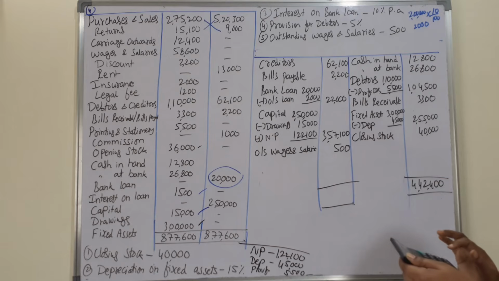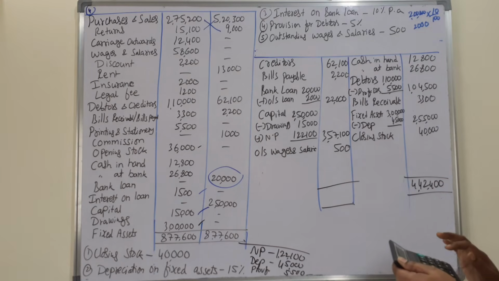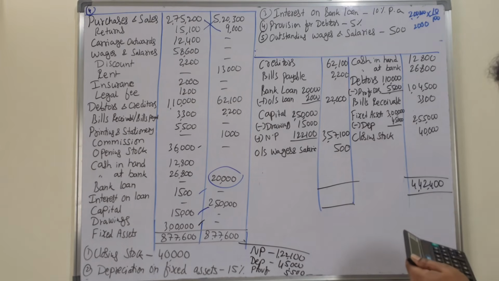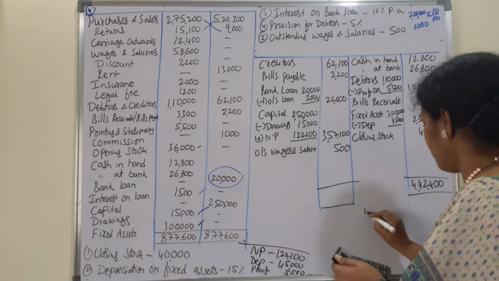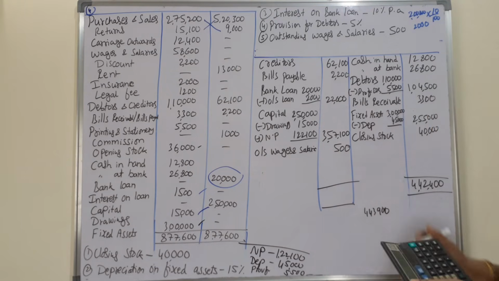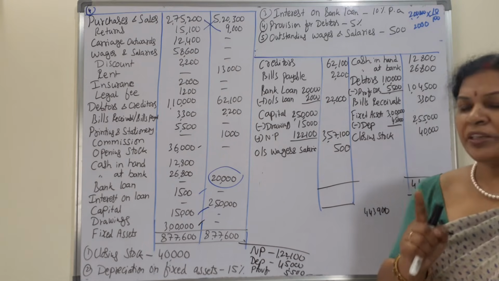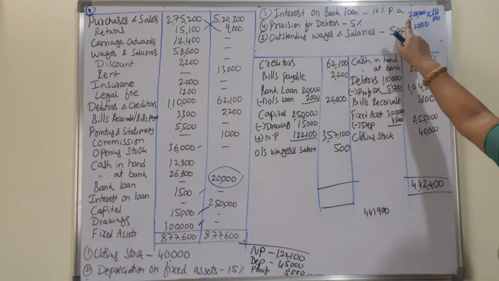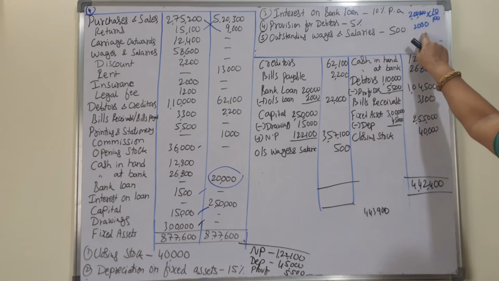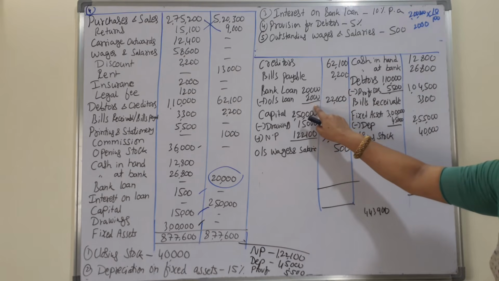That is 4,43,900. We made a mistake. That is here, 2,000, it is bank interest. So we have taken bank interest outstanding as 2,000.